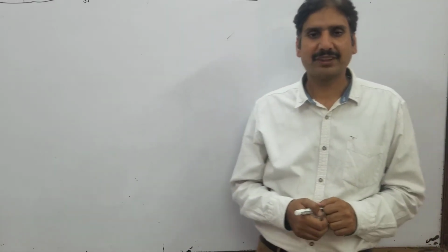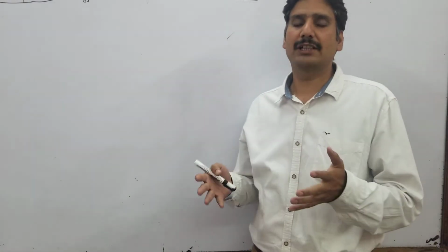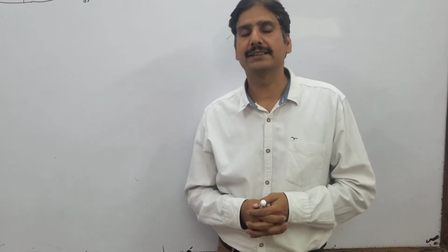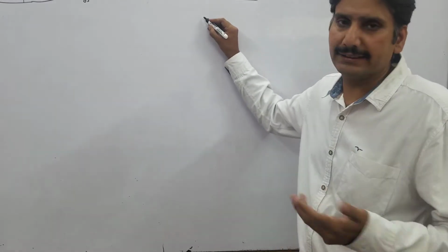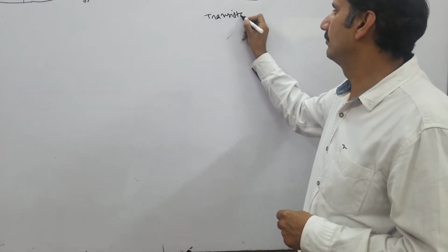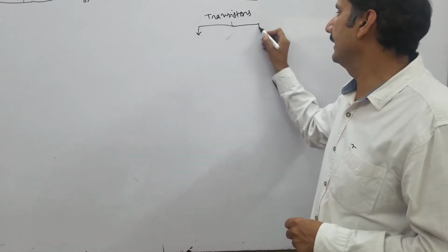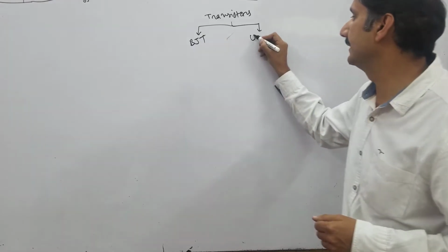Welcome back. In continuation of our earlier discussion of transistors and amplifiers, I'll discuss another type of transistor today, that is the MOSFET. We discussed earlier that we have a bigger family of transistors, which can be subdivided into two categories, that is BJTs and UJTs.